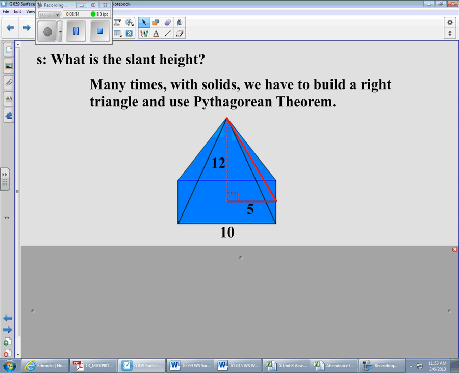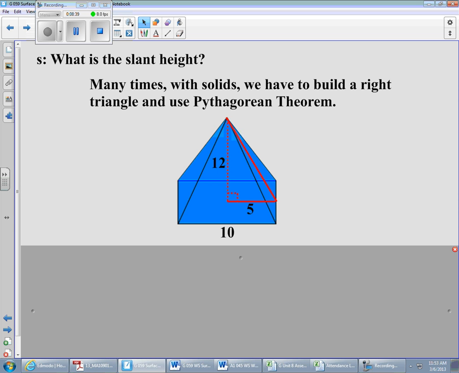So what I did is I looked at the figure and decided, is there a triangle that can be set up in there that would attach itself to the slant height or the lateral height? And yeah, using the height and the apothem inside of that base, you can see you've got that red triangle built in there. Now, how did I know that the apothem was going to be 5 inside of there?